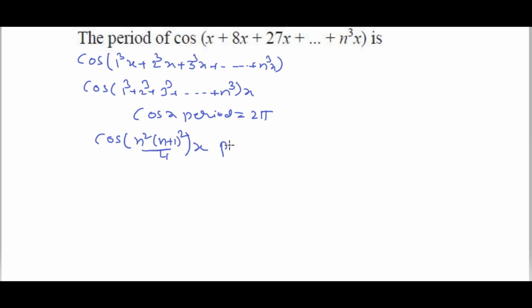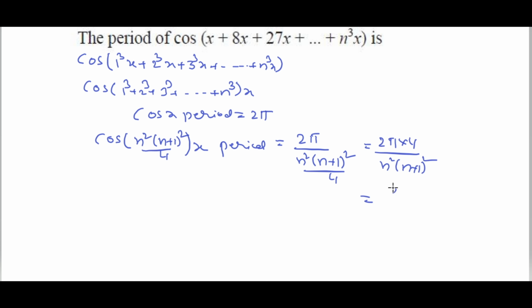So the period of this is, therefore, period is equal to 2 pi by the coefficient of x, that is n square into (n plus 1) whole square by 4, that is equal to 2 pi into 4 by n square into (n plus 1) whole square, that is equal to 8 pi by n square into (n plus 1) whole square. This is the answer.